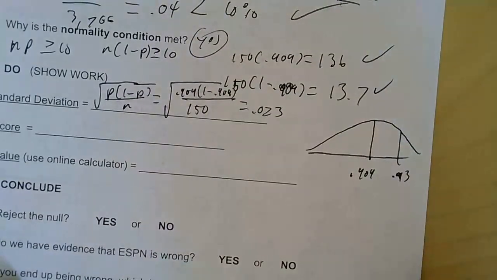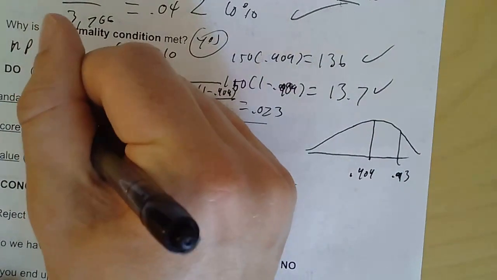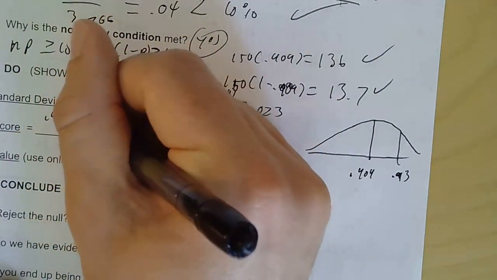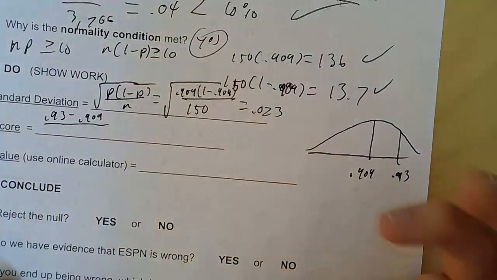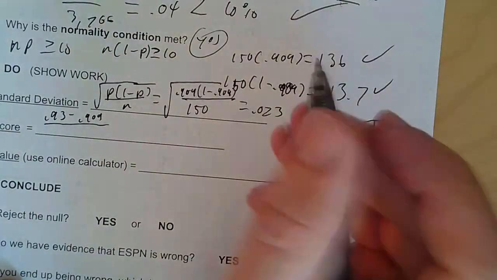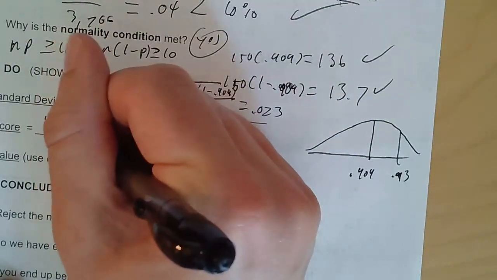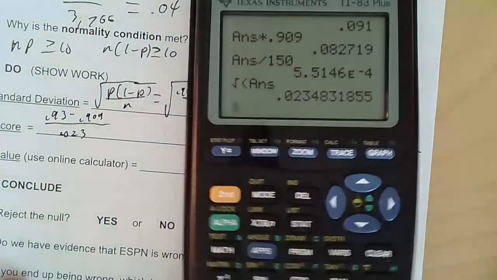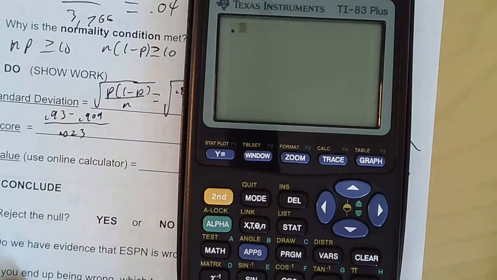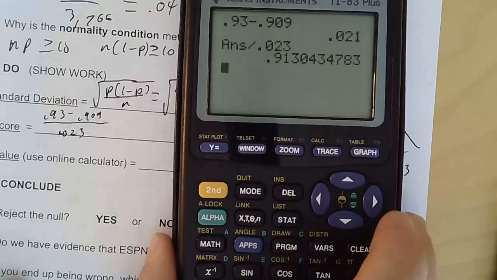The formula is 0.93 minus 0.909 all over the standard deviation, 0.023. You have to subtract the top and then divide. That gives 0.91.